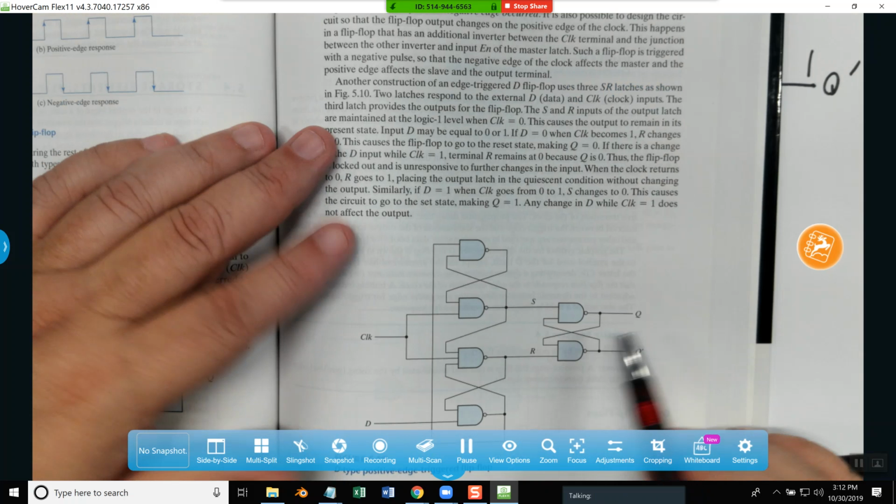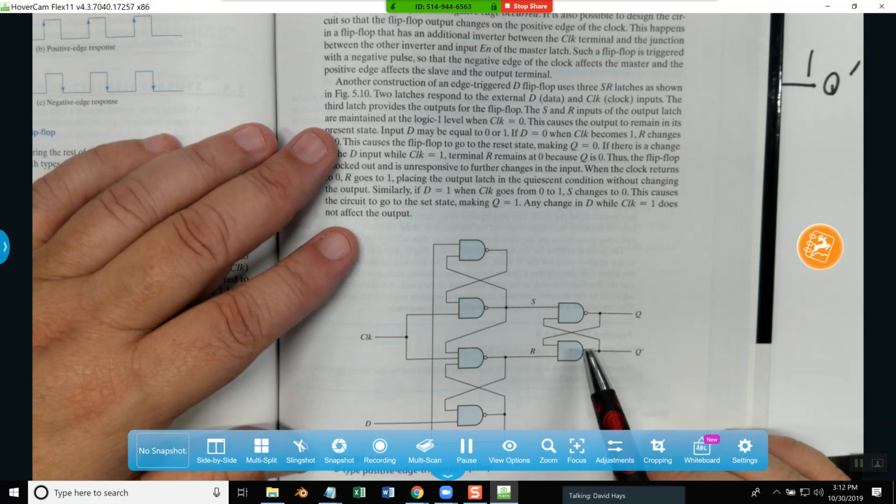So here's 2 of them. Here's 2 of them. Wait a minute, let me think. No, I bet this is what we're talking about. So 2 NAND gates here, 2, and then 2. Okay. It uses 3 SR latches as shown. The two latches respond to the external D data.